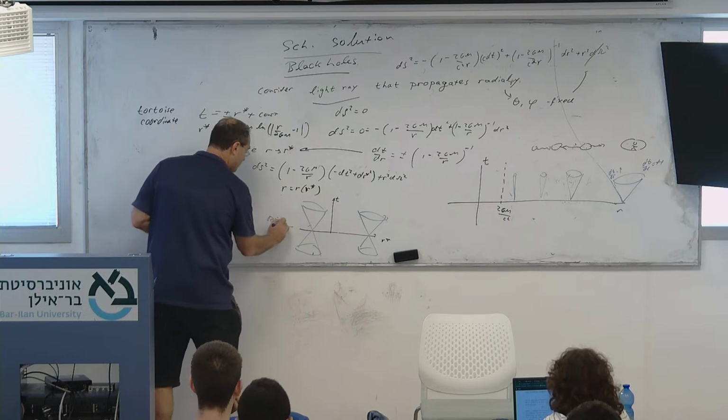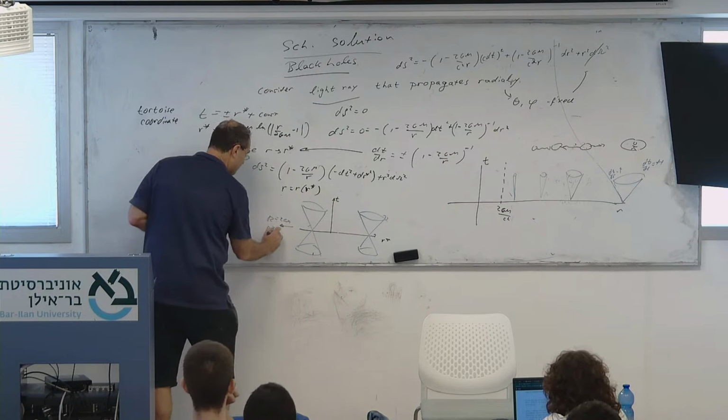At r equal to 2GM, r star is minus infinity.